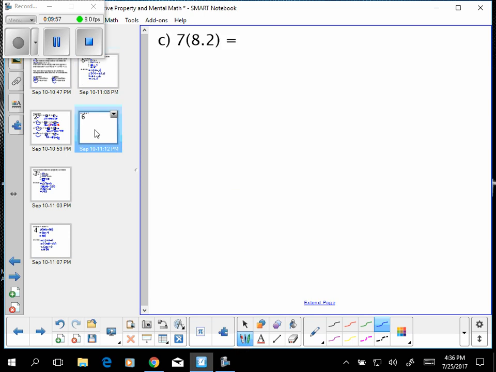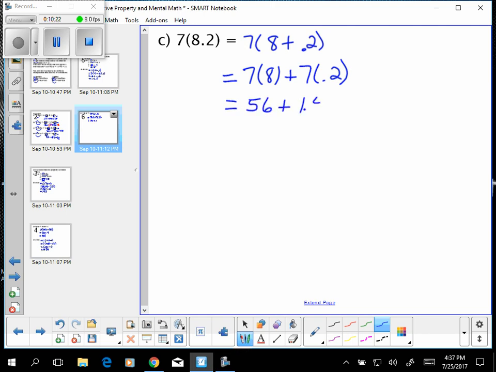This last one's a little harder, but we're going to try it. Okay? 7 times 8.2. 7 times 8 plus 0.2. Distributing, I'll get 7 times 8 plus 7 times 0.2. 56 plus 1.4.